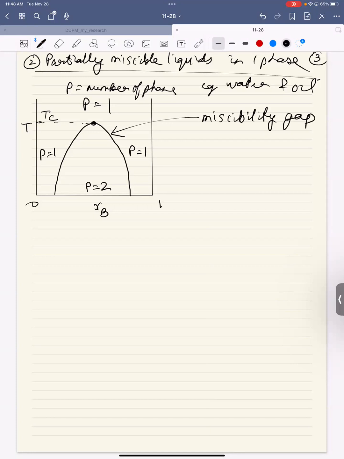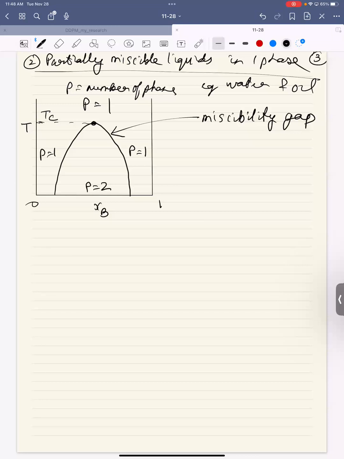What this is telling you is, let's say you fix the temperature, and you move at this temperature from left to right. If the mole fraction of B, the amount of oil, is smaller than a certain value, you will mix, you will have a single phase region, right? If you go in the middle, you will have a two-phase region. And again, if you add too much oil, then it will become a one phase region. That's what you're going to see, which is something that happens in practice.